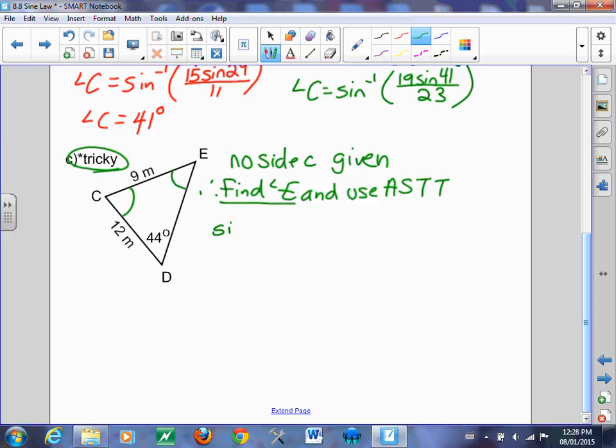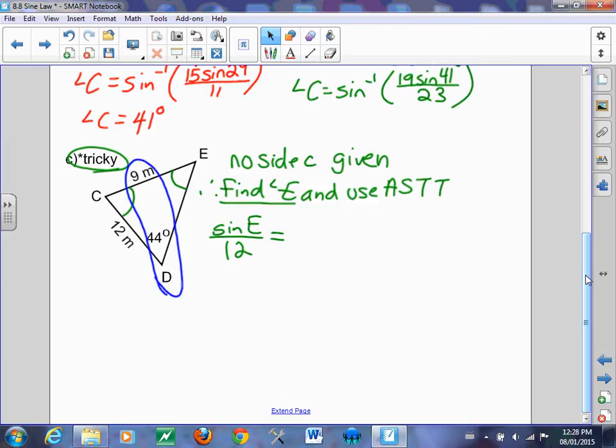So sine of E divided by the opposite side, which is 12, equals our match. I forgot to put that in, folks. There's our match. That equals sine of 44 degrees divided by 9. Cross multiply and isolate.